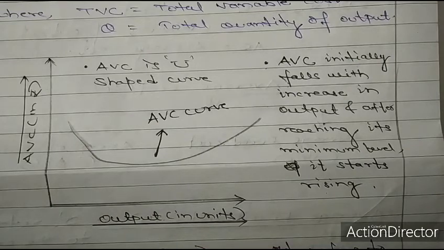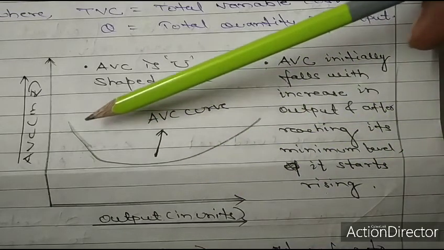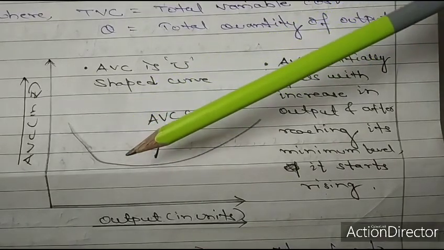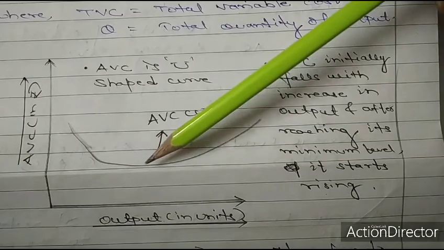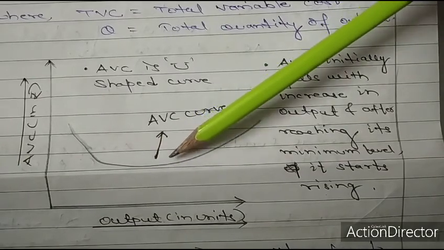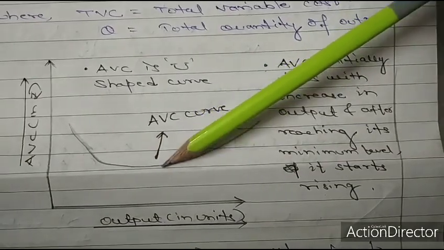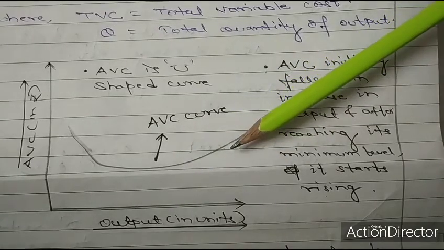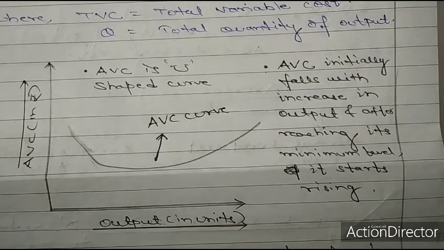The first is the decreasing phase, then the constant phase, and after reaching the minimum point, it starts increasing. This is the increasing phase.